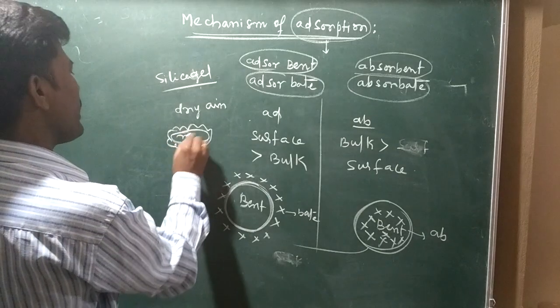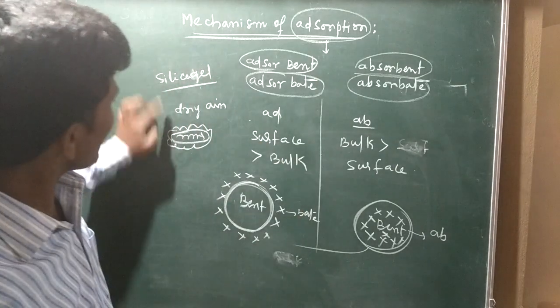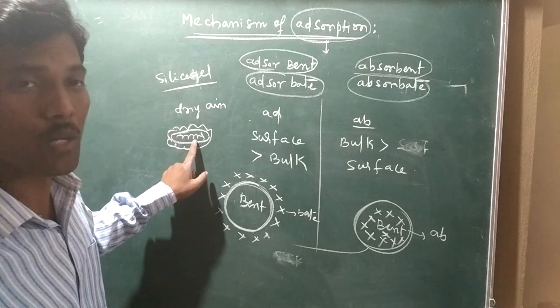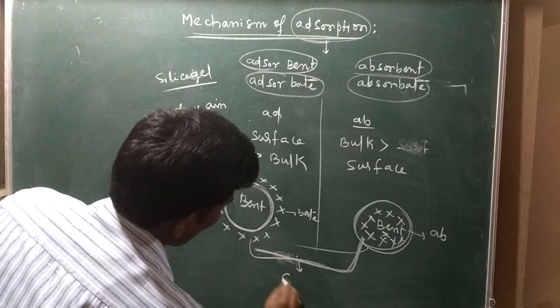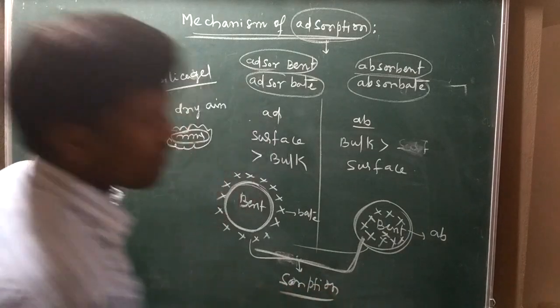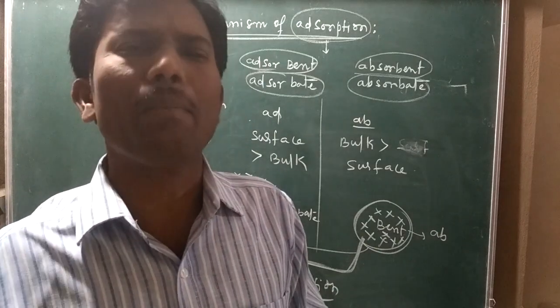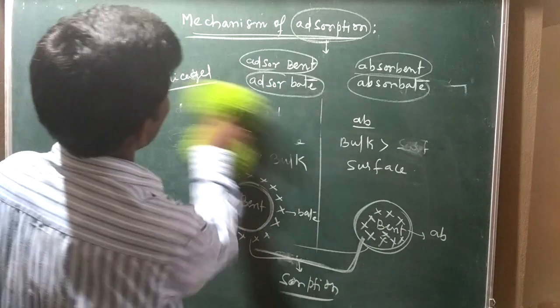After that it goes inside also. That's why earlier it is adsorption, and after that it is absorption. If both things happen, it is called sorption. In some cases it happens, in some cases it doesn't, based on the nature of the interaction.